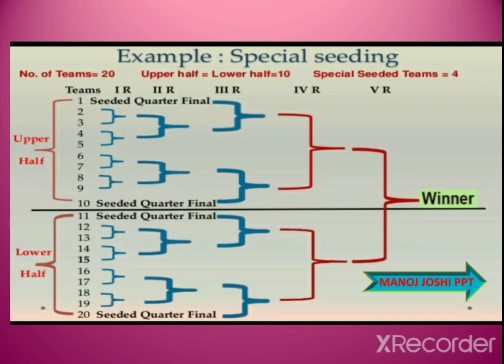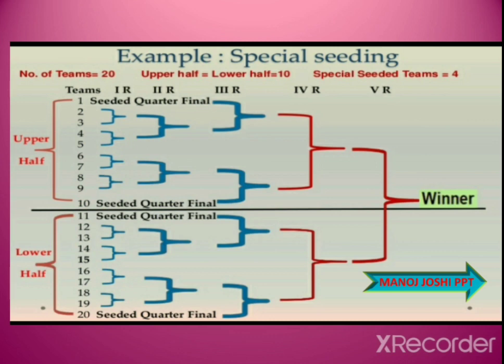First seeded team, second seeded team, third seeded and fourth seeded. The first seeded team we put either at the top or at the bottom of the lower half, so anywhere we can count. We have put the first seeded team at the bottom of the lower half.